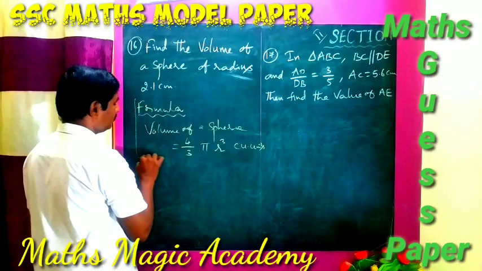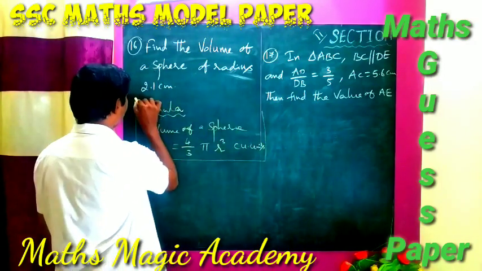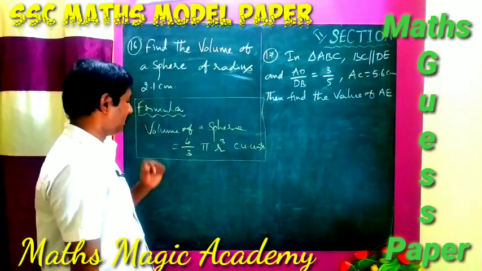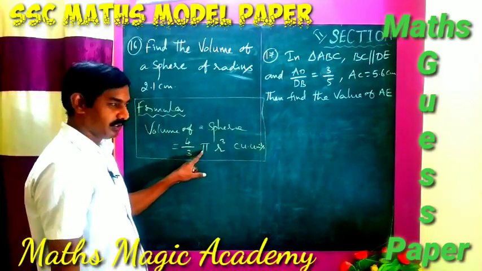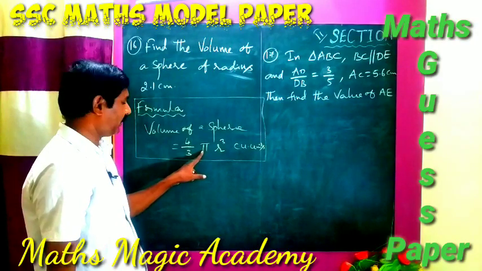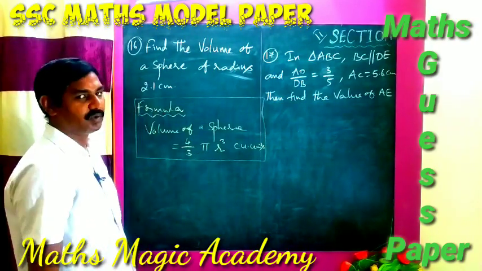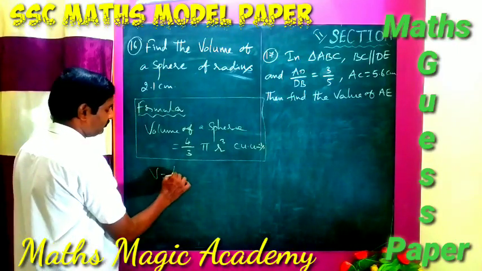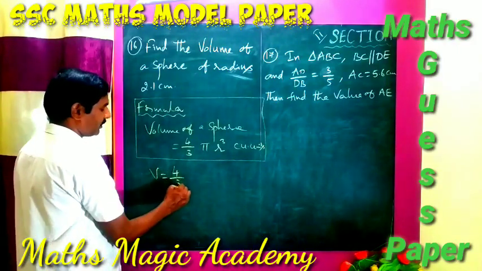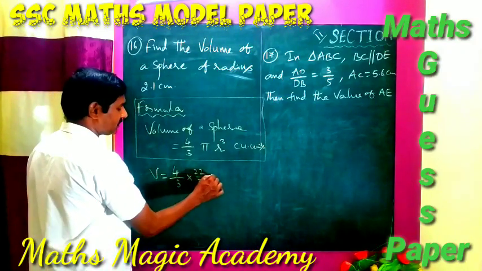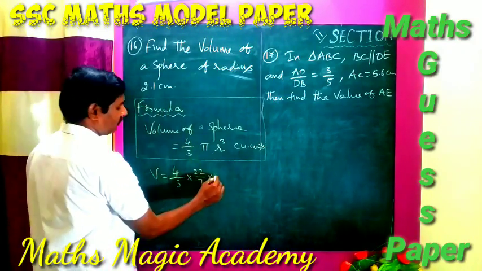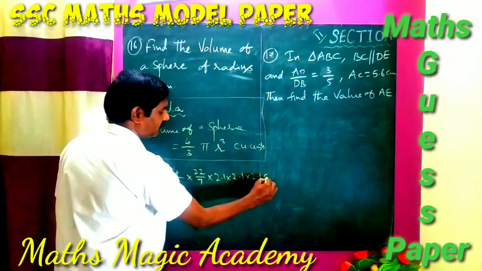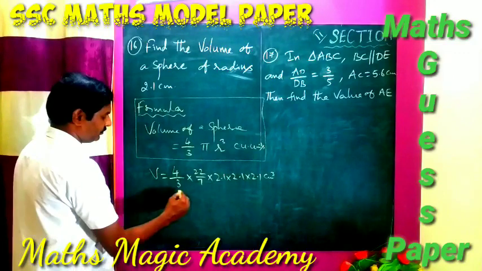So this is one of the formulas for finding the volume of a sphere. Here, we know the value of pi is 22 by 7 and r is given as 2.1 centimeters. Now we can substitute: volume V equals 4 by 3 into 22 by 7 into 2.1 into 2.1 into 2.1 centimeter cube.